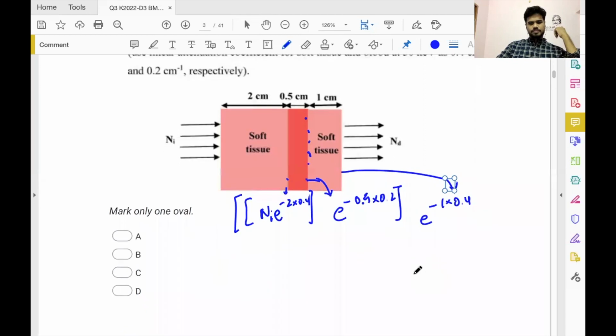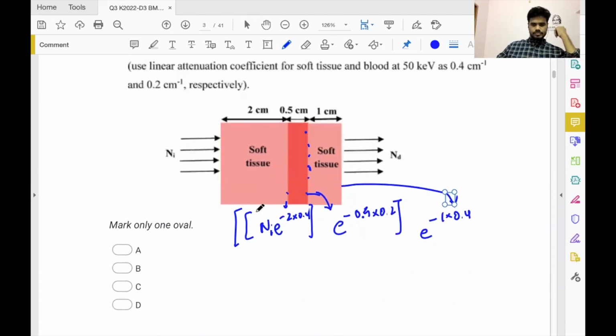But actually the answer changes if I were to directly do it. I get the point of how the number of incident photons changes, and hence we have to calculate e separately, and the number of incident photons is only for the initial stage. So right now what I have here is all these powers added up: 2 into e power minus 0.4, minus 0.5 into 0.2, minus 1 into 0.4. So you can technically do that here, right?